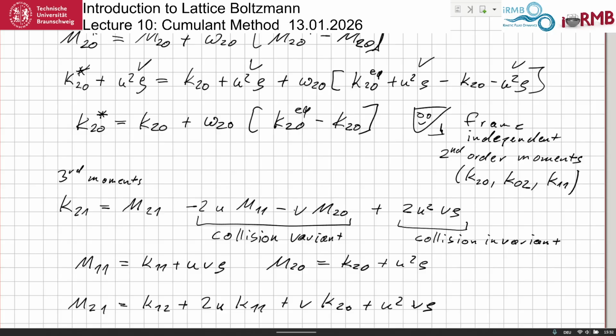I've taken this from my notes. I hope it is correct anyway. The reason there was a 2 here is, for example, there is UV in the equilibrium part of this one here. So there's a compensation with these two. This is why in the end we'll end up here without this 2.